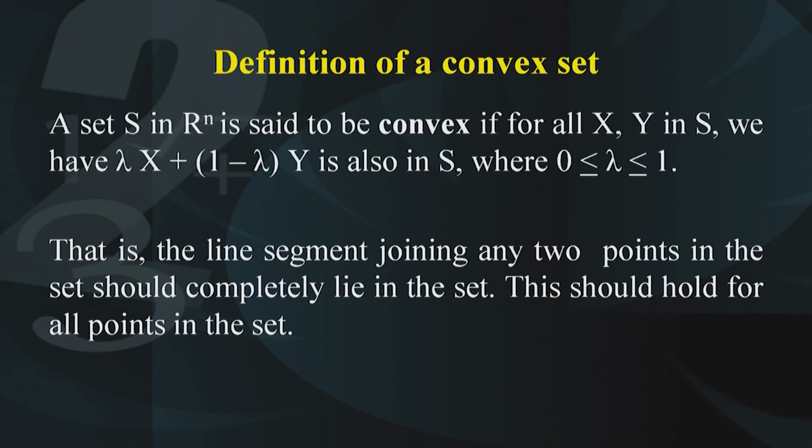So, we define a set S in an n dimensional space, that is R n, a real n dimensional space, to be convex if it satisfies the following property: for all x and y belonging to the set S, lambda times x plus 1 minus lambda times y also belongs to the set S, where x and y are points belonging to the set S, whereas lambda is a real number between 0 and 1. It can also take the end values, that is 0 as well as 1.